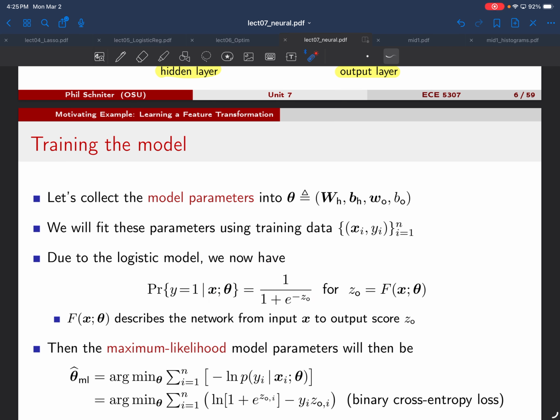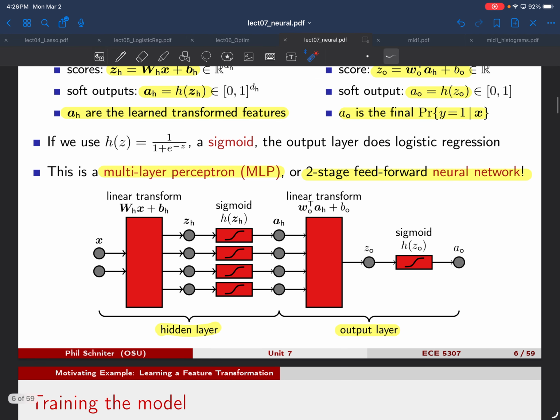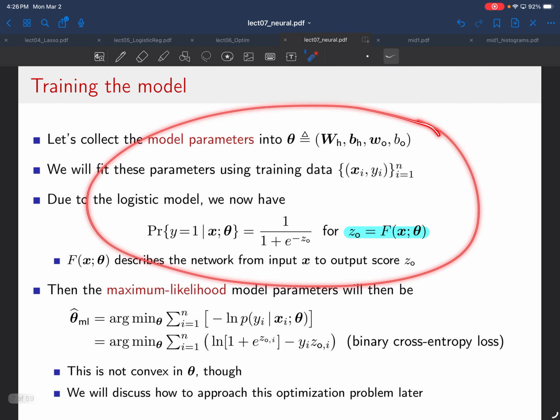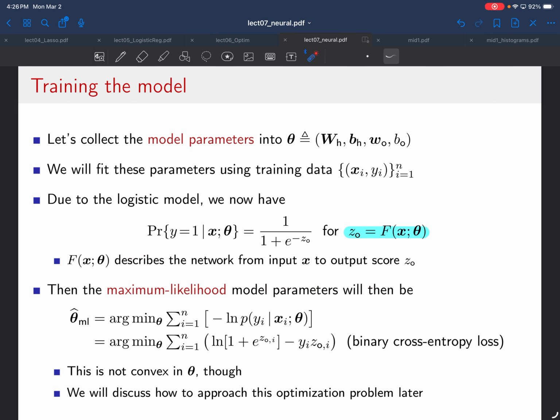This is our sigma. But here's what's different than what we've done previously. Now the function that takes us from our input x to our final output score z is not linear. It's nonlinear because of these sigmoids. If we take these out, then we have linear regression, and in fact we have binary logistic regression.